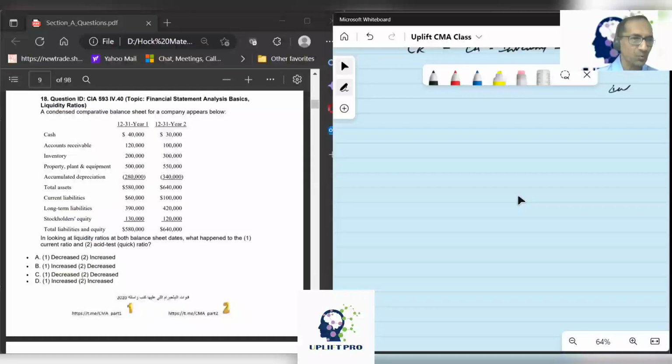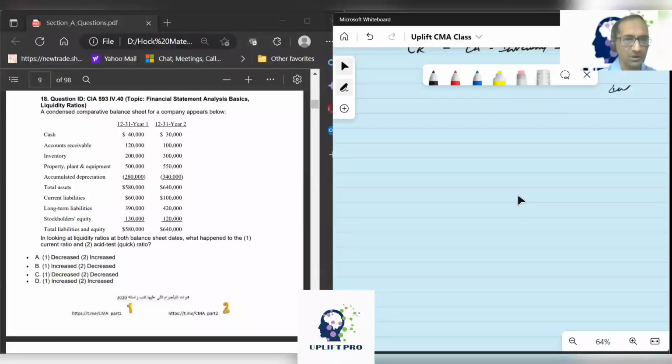So here's the problem, question number 18, which we will try and solve. A condensed comparative balance sheet for a company appears below, and they give you cash as on 31st of December year 1 and 31st of December year 2.